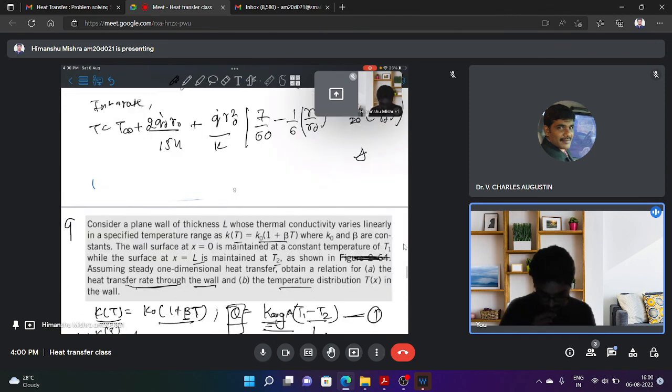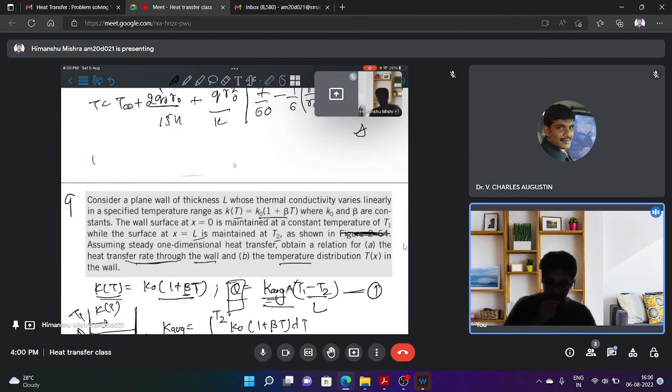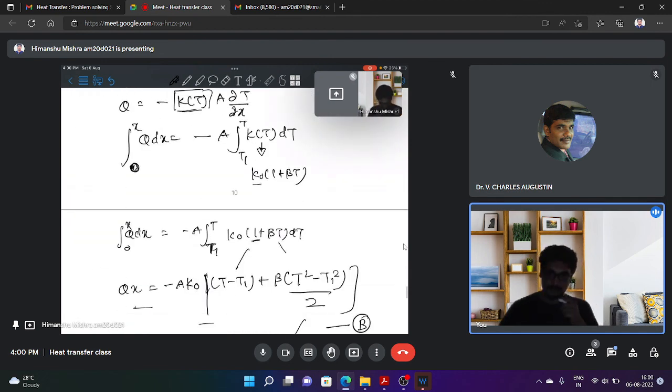In this question, the conductivity varies according to the temperature. So we first find the average thermal conductivity, and using the average thermal conductivity and Fourier's law, we define the heat transfer. And then we again use Fourier's law. Since it is a one-dimensional steady problem, we can directly use Fourier's law instead of using the differential equation of conduction to get the temperature distribution.